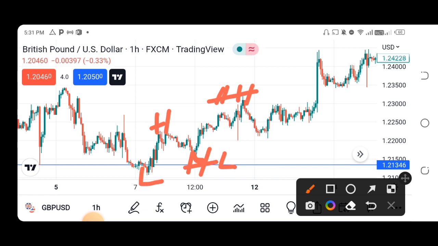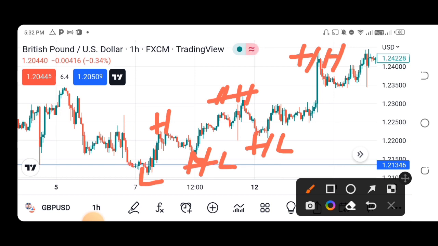So we have our low and we have our high. We have the higher low and we have the new higher high. This is how the structure is being created. Whenever a new high is created, it's called higher high, and whenever a new low is created, it's called higher low.